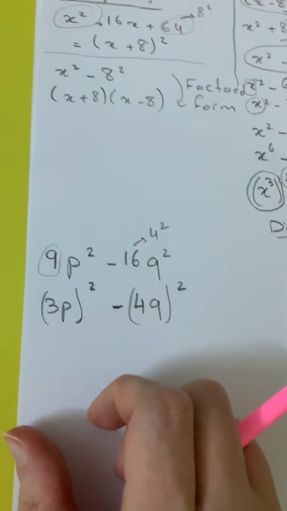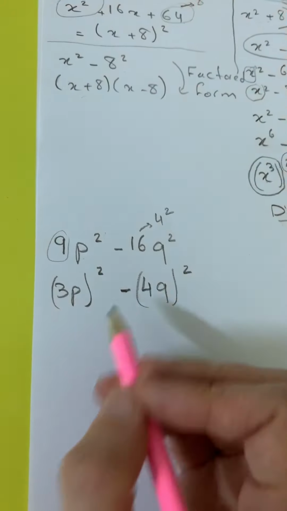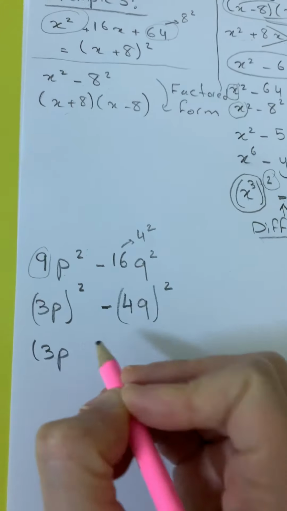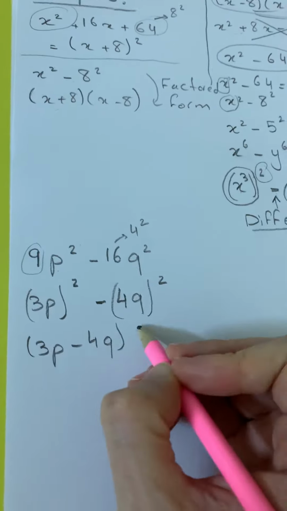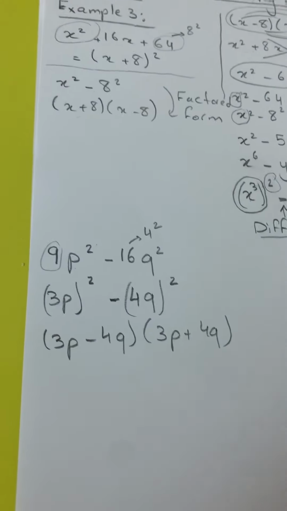Now it is a difference of two squares because I have power 2 and power 2 and a minus in the middle. So you directly write (3p minus 4q)(3p plus 4q).